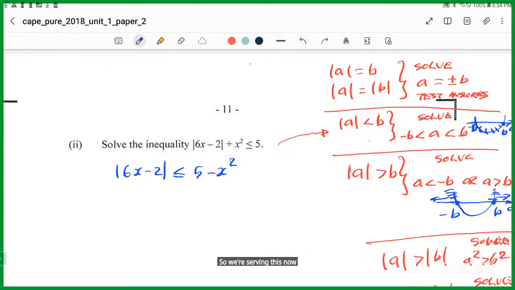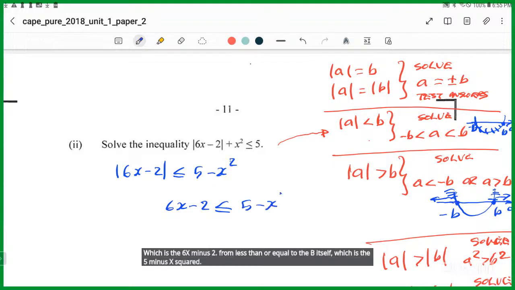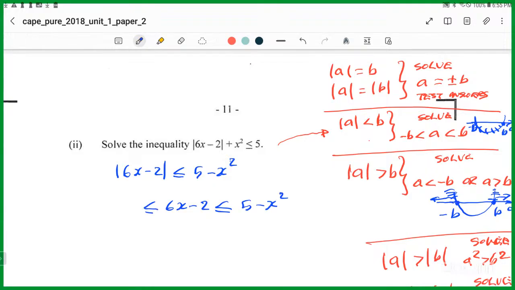So this in here is like an A, this out here is like a B. So this in here is A, which is the 6x minus 2, less than or equal to the B itself, which is the 5 minus x squared, or greater than or equal to the negative of this, see? Minus B, and put it as minus 5 minus x squared.